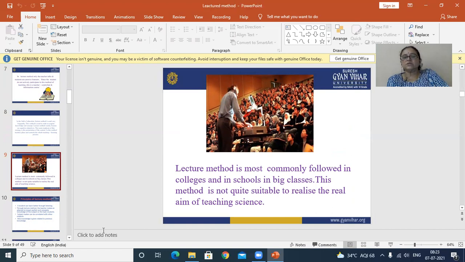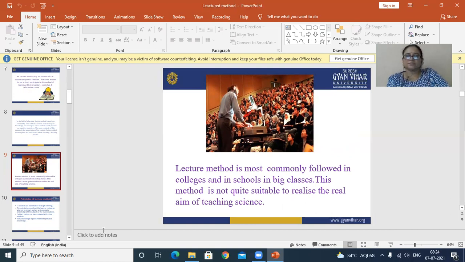This method is not quite suitable to realize the real aim of teaching science, because science is a practical subject, so only listening to things and subject does not complete the learning.